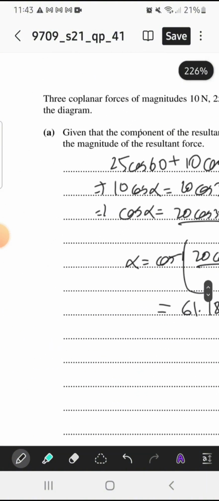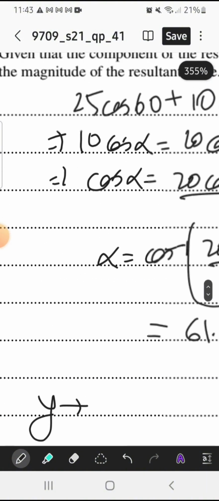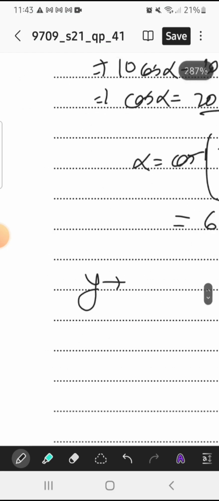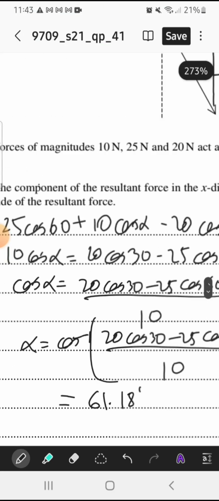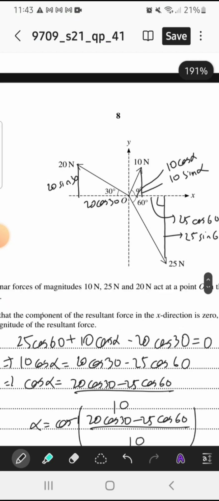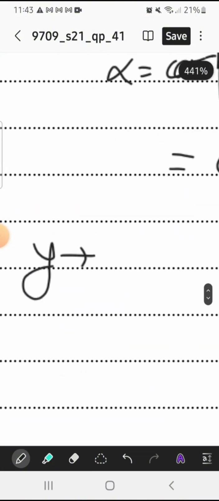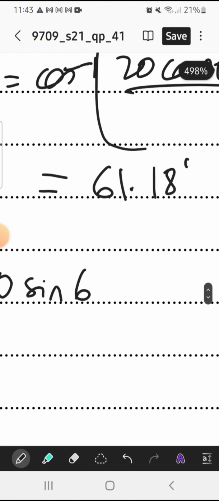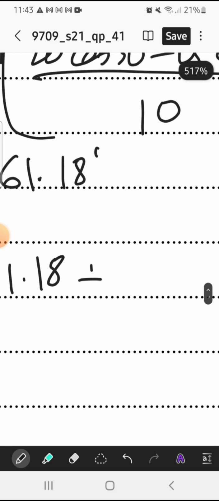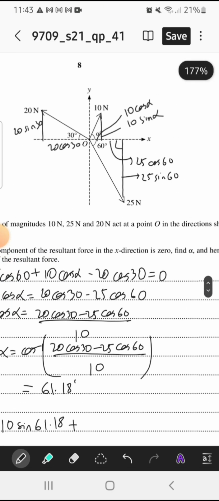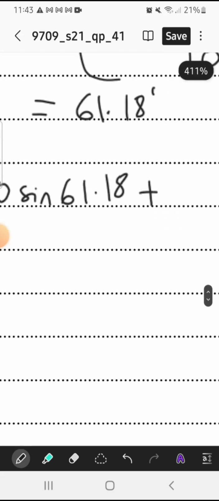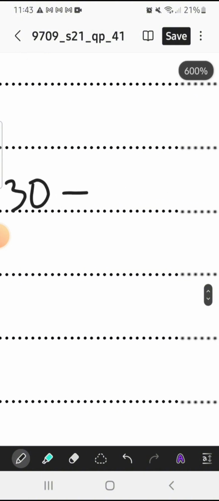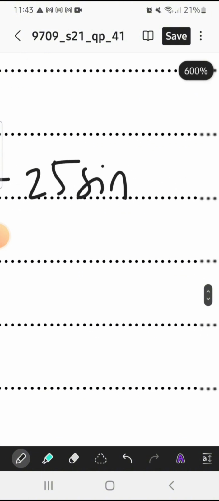So in the y direction we have 20 sin 30, 10 sin alpha, and 25 sin 60. So 10 sin 61.18 plus 20 sin 30 minus 25 sin 60.